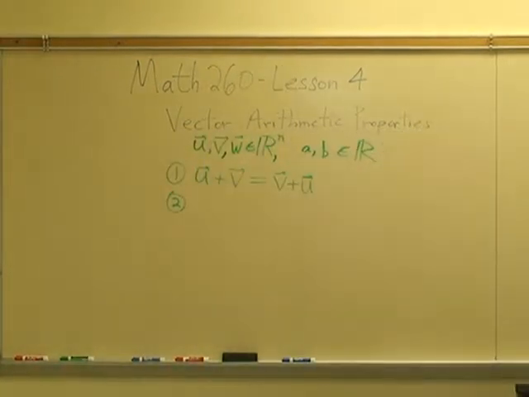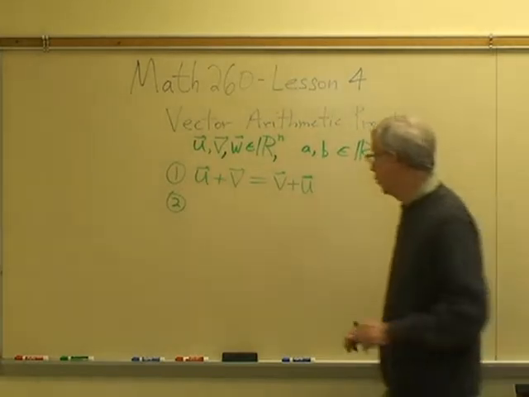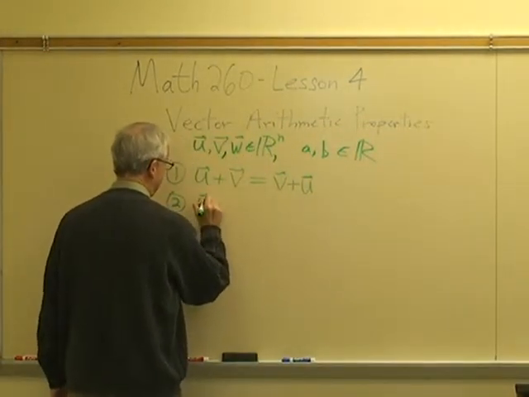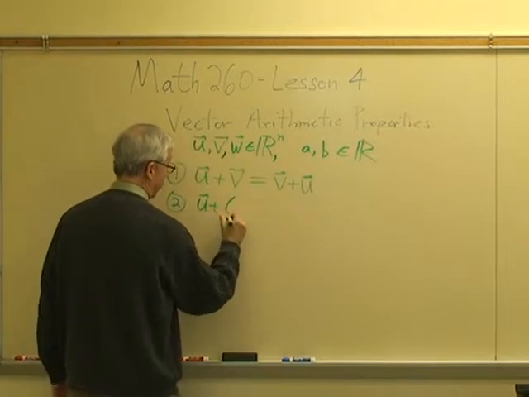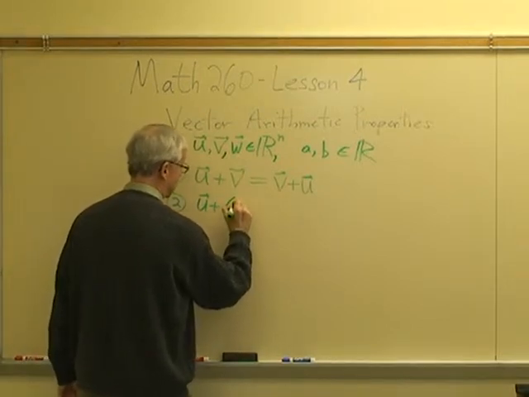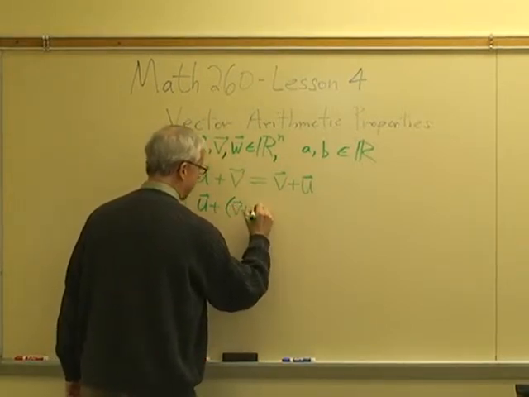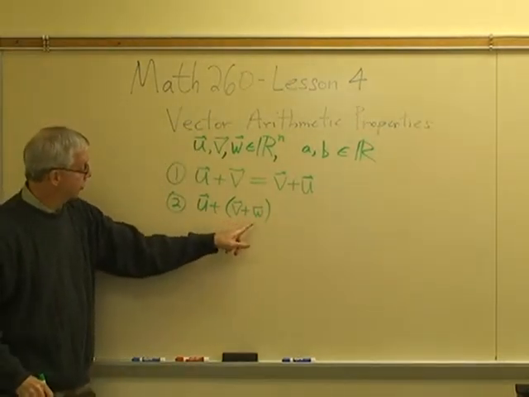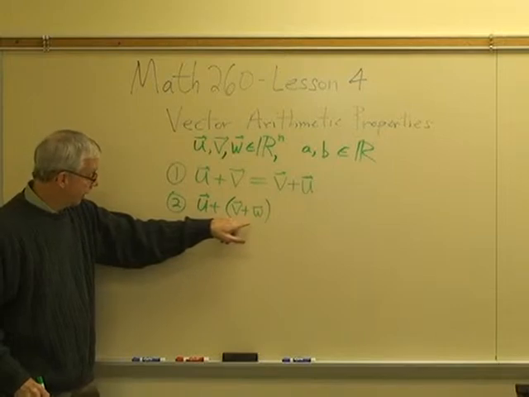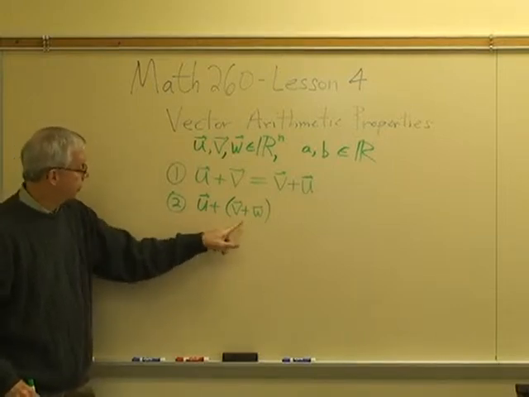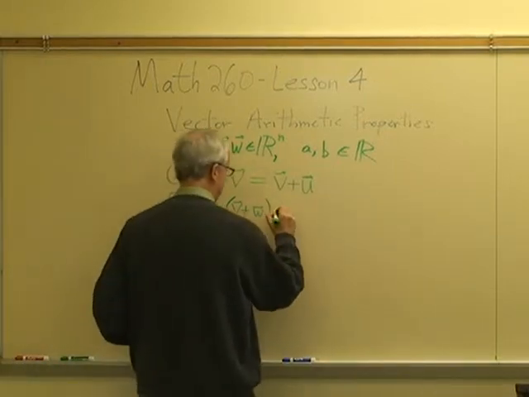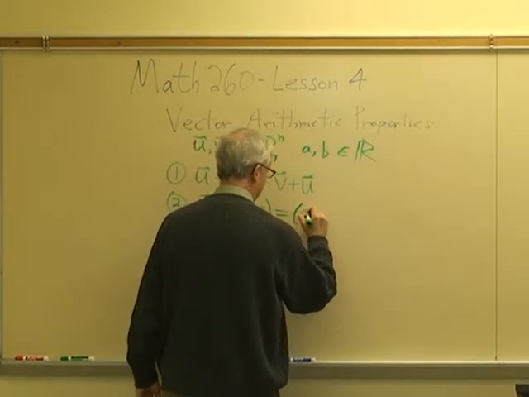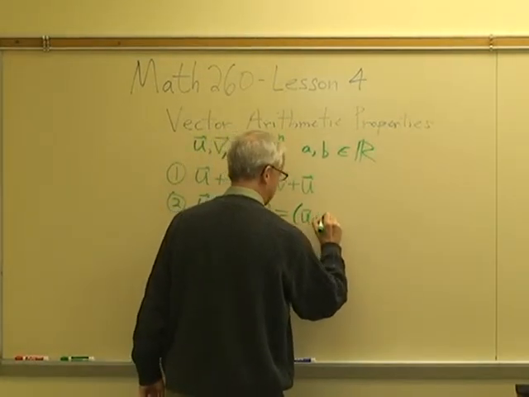Vector addition is associative. That is, if I take the vector u and add it to the sum of two other vectors, the parentheses say do this addition first. So v plus w is a vector. If I take that answer and u plus that, I get the same thing, it turns out, as if I added u and v first.